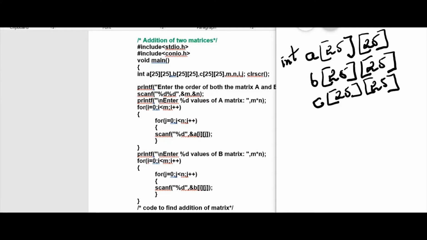To specify the size of the array, we need some variables, like m and n, and for the for loops and indexes I will be using i, j.